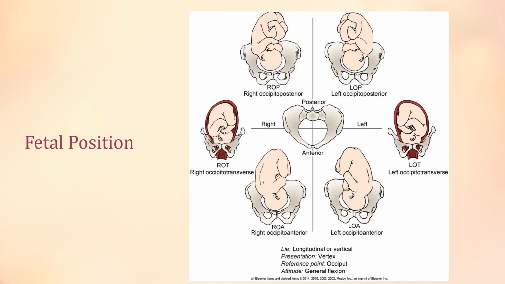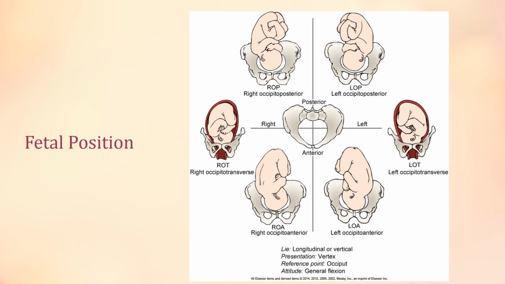What this is referring to is where the occiput is. You can see O is the middle term of all of these acronyms, and that O stands for the occiput. So the question is, what position is the occiput in for this baby that's delivering vertex? Where is it in relation to the mother's pelvis?